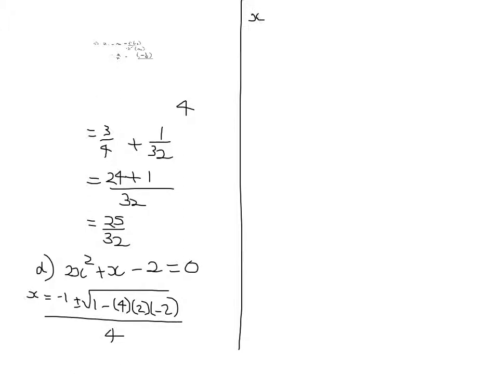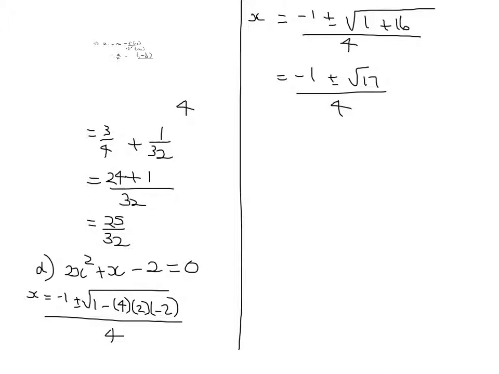So x equals minus 1 plus or minus the square root of 1 plus 16 over 4, which is minus 1 plus or minus root 17 on 4.